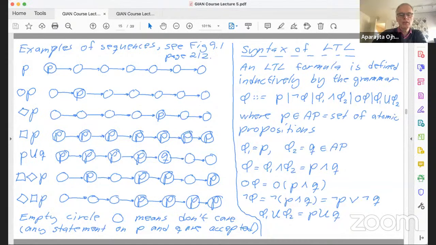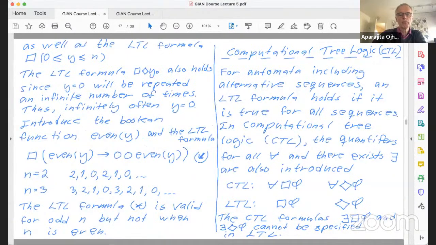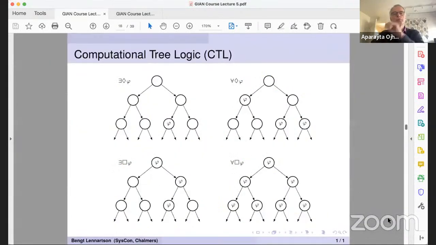So then the question is how we can algorithmically evaluate if these types of properties are true. But before I show you that, I will also mention the alternative logic, which is called computational tree logic. What you do is that you simply add also a quantifier, the existence or for all. Let's say we take first for all.